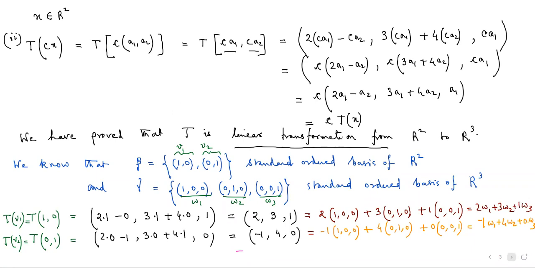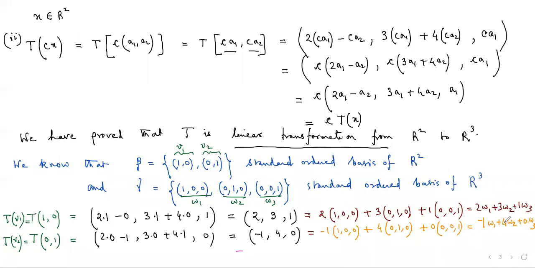This will come in the column. We will write 2, 3, 1, and -1, 4, 0 will go to the next column.